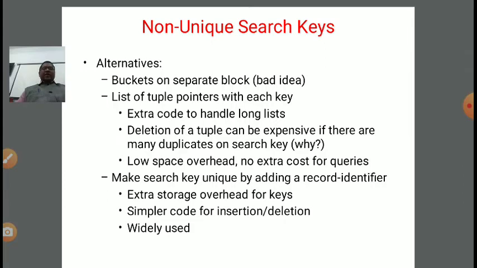Next, make the search key unique by adding a record identifier. This has extra storage overhead for the keys, but simpler code for insertion and deletion, and it is widely used.